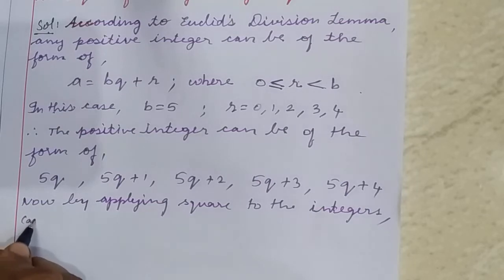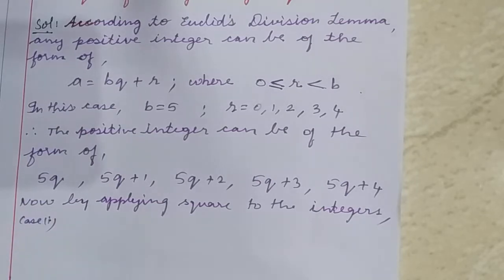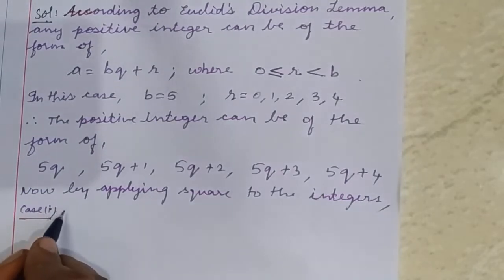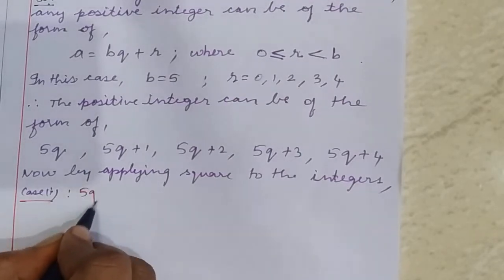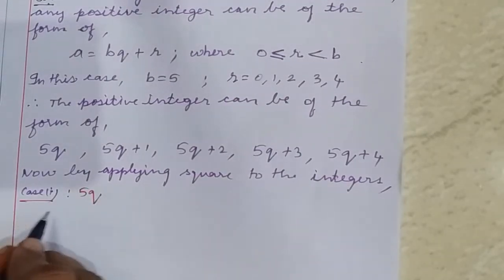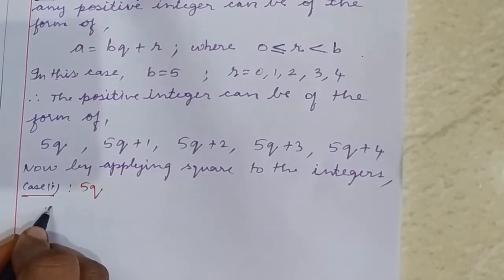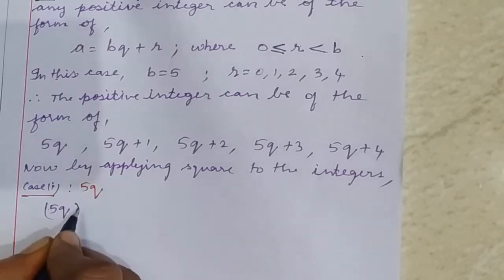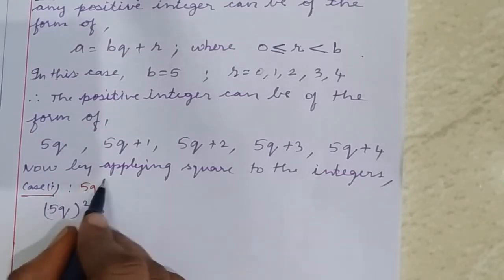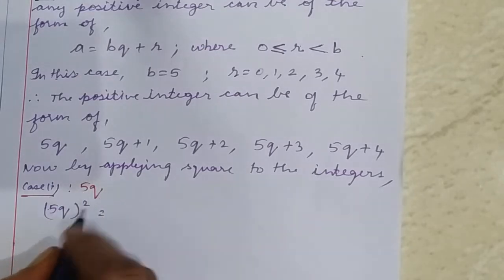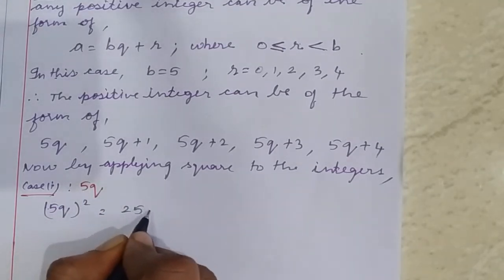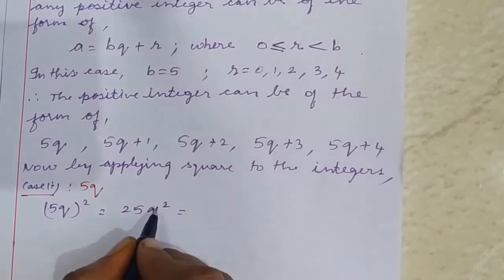First case 1: here it is 5q. 5q square will be 25q square.